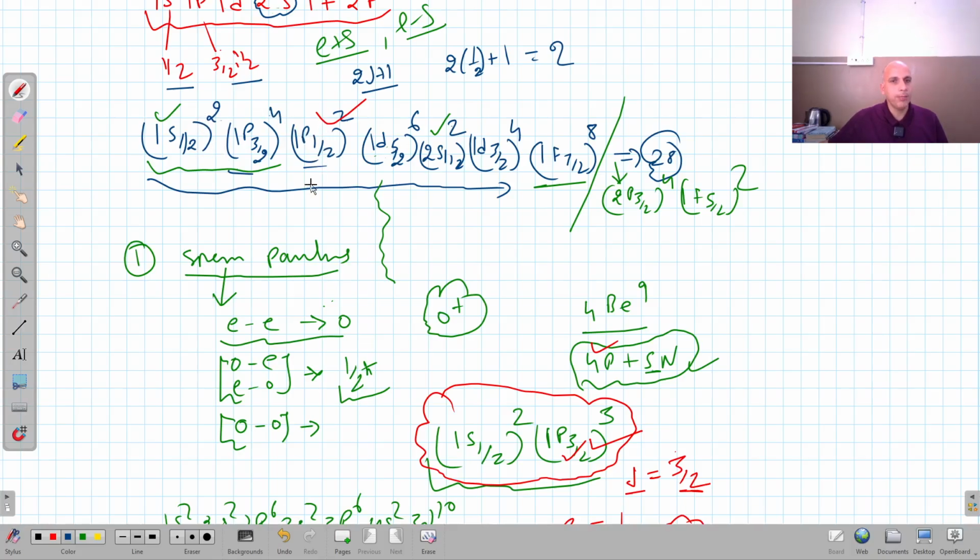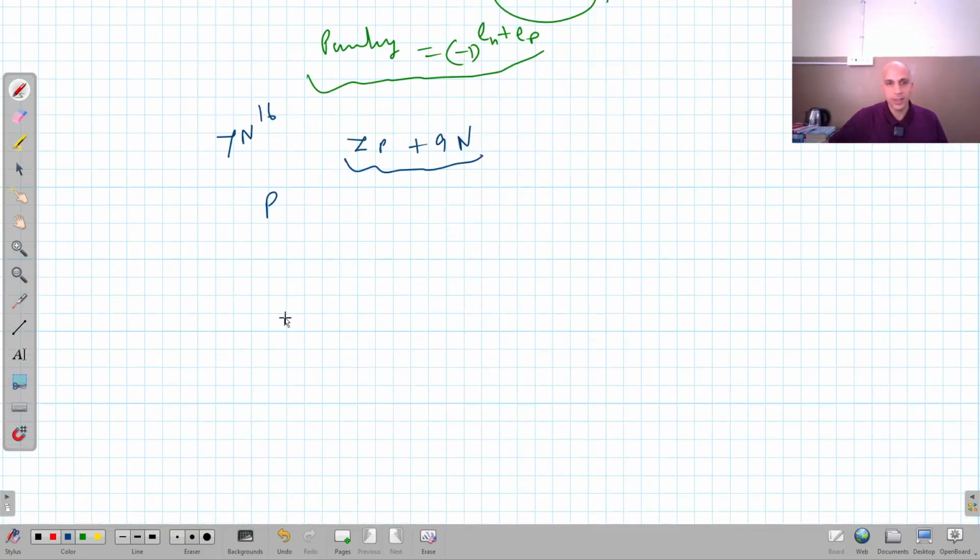So 1p 1/2. The last nucleon, a proton, is in 1p 1/2. So it means the last proton is in this cell. So L is equal to 1 and J is equal to 1/2, or I can say jP is equal to 1/2, right?